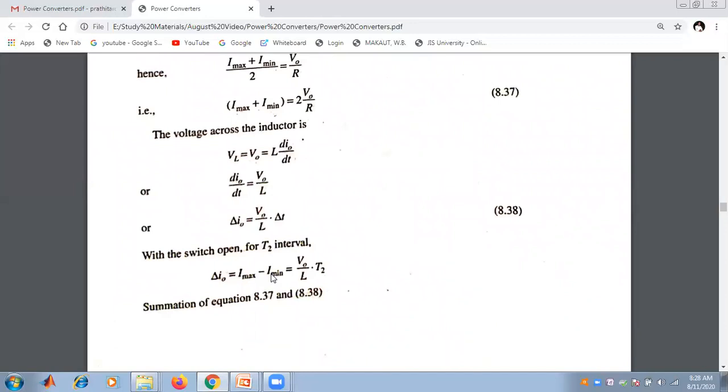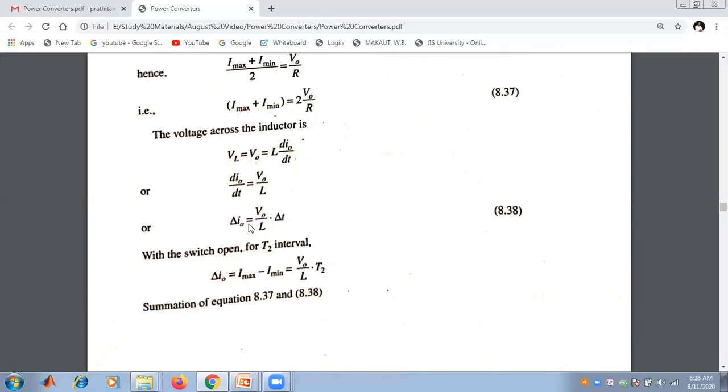With the switch open for the T2 interval, the change in current, I max minus I min, is equal to V0 by L into T2.